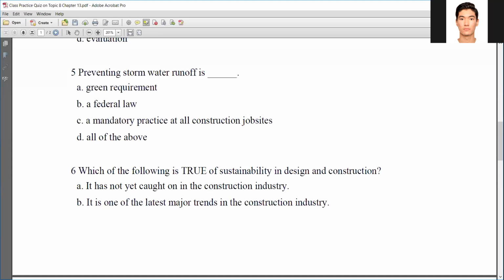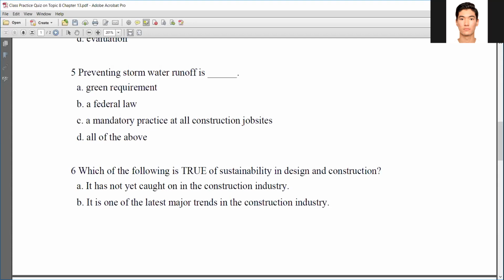And it's a federal law in the USA. It depends on country to country. It is a country specific law. But of course, when it is a federal law, it is a mandatory practice at all construction job sites. Even in other countries, it may also be regarded as a mandatory practice, because otherwise the owners of the construction project, or whoever is managing, maybe the project manager, may be accused of spreading the pollution.